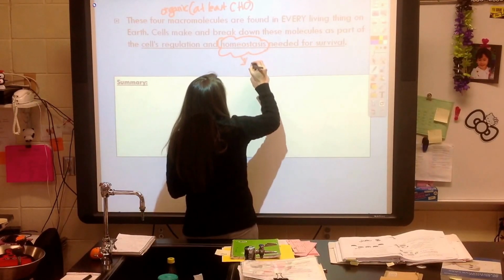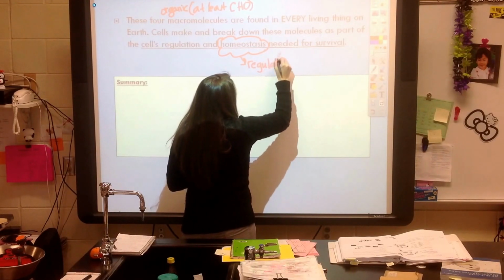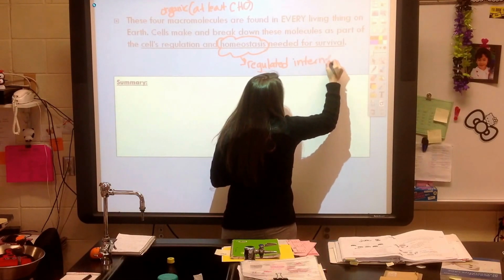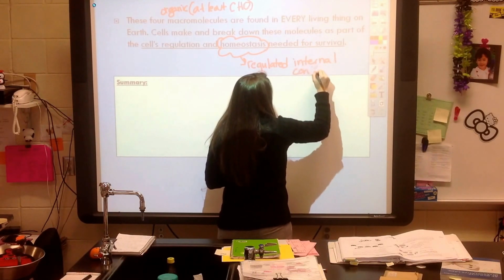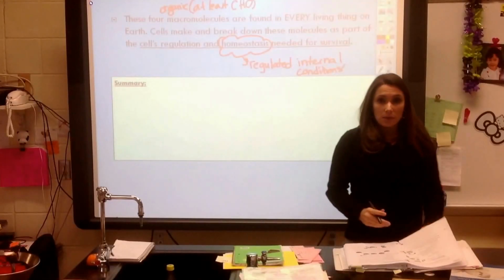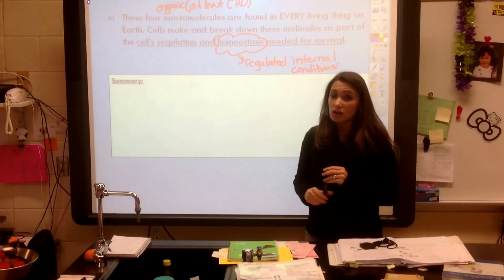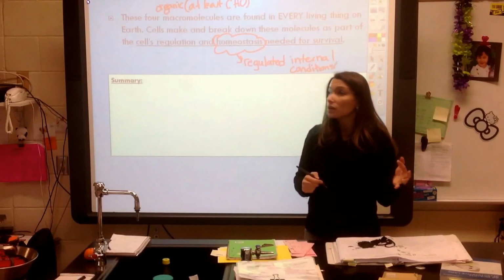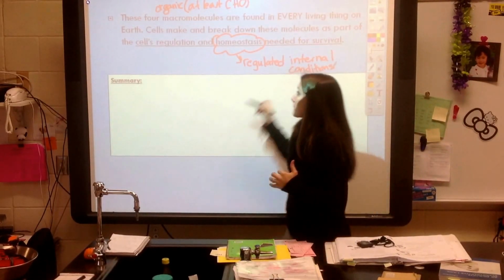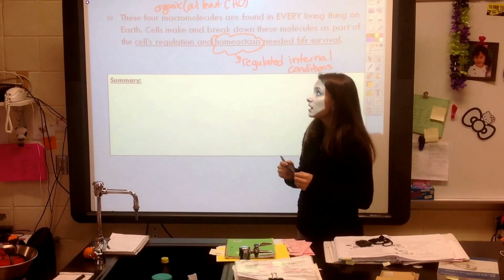And homeostasis is a regulated internal condition. It's exactly like keeping your body at the same temperature. It's exactly like making sure you have a little bit of sugar in your body and not too much or too little. And so your cells will build things and break them down depending on their own needs, what they need for survival at that time.